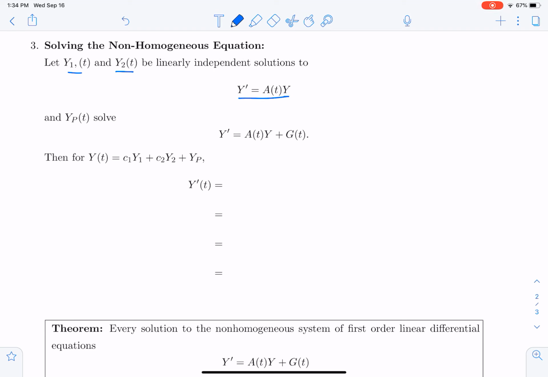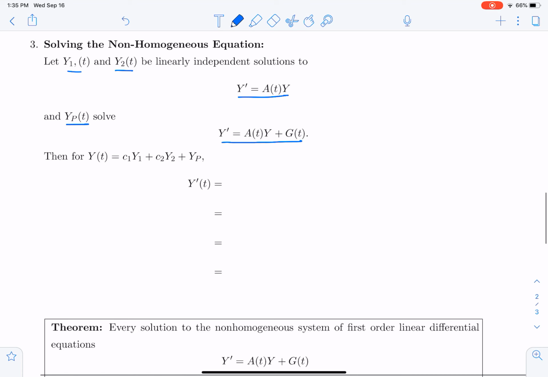And then we'll have a particular solution that solves the non-homogeneous problem. Okay, then I will make a guess that my solution, just like before, is going to be a linear combination of the basis for the homogeneous solutions, and then plus a particular solution.